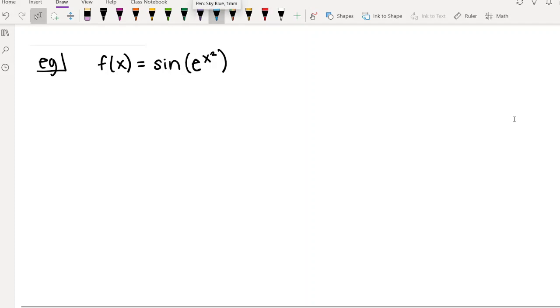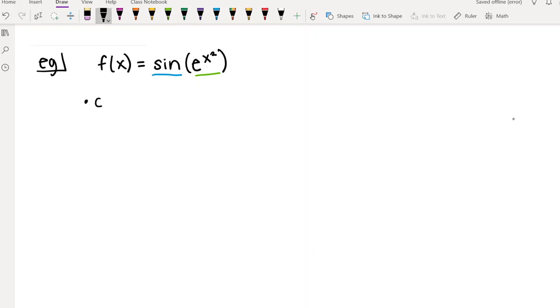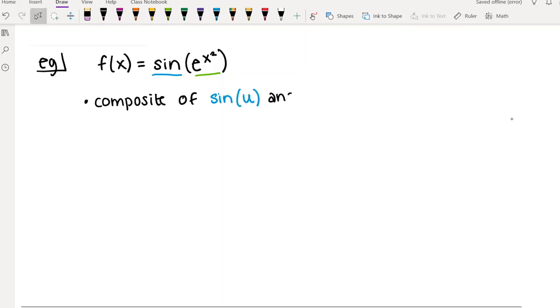So let's start by thinking about the first layer of this thing. On the first layer, it's a composite function where the outer function is sine and the inner function is e to the x squared. So this is a composite of outer function being sine of u and the inner function being e to the x squared.